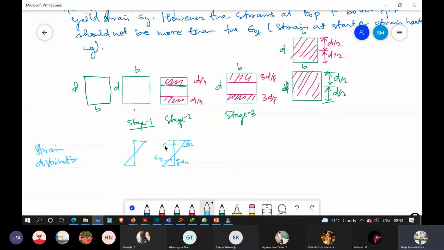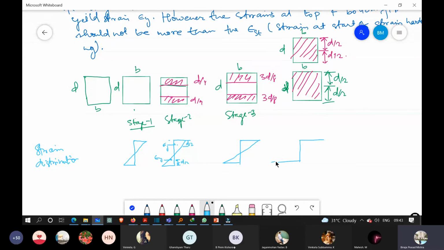Next one, for stage 3 it will be somewhat more, and for this one the strain value will be way higher.